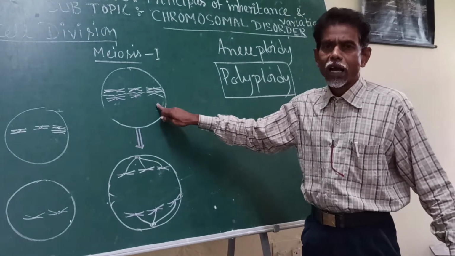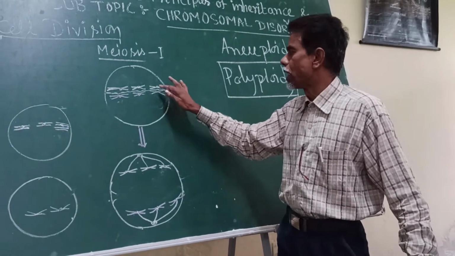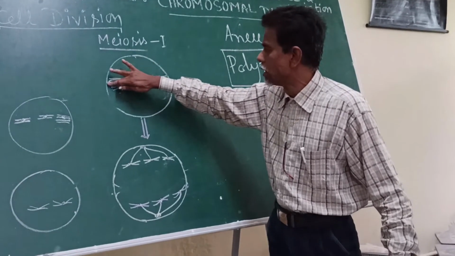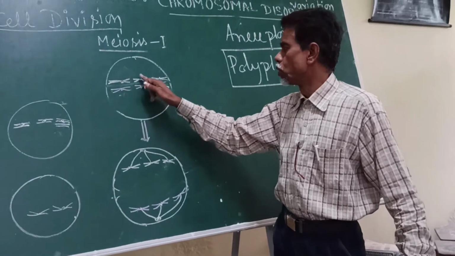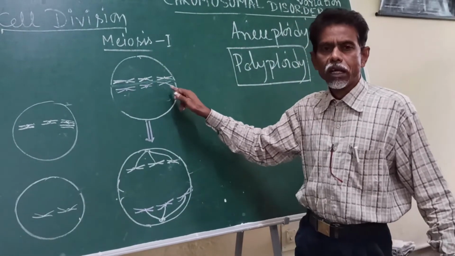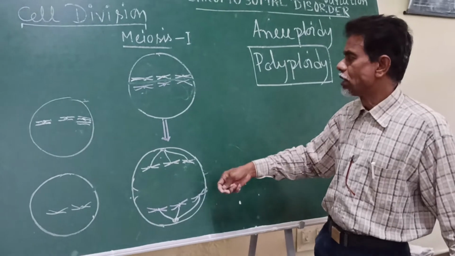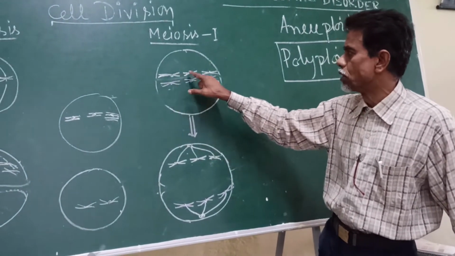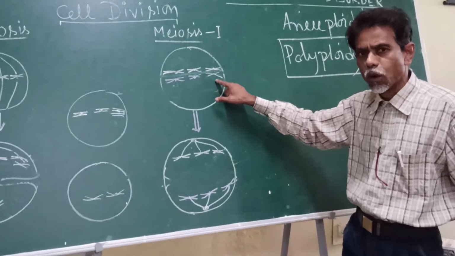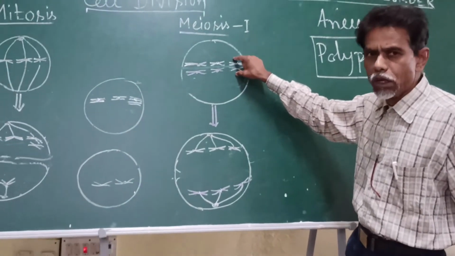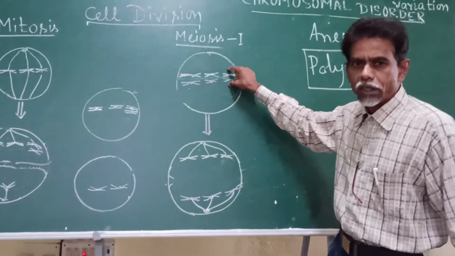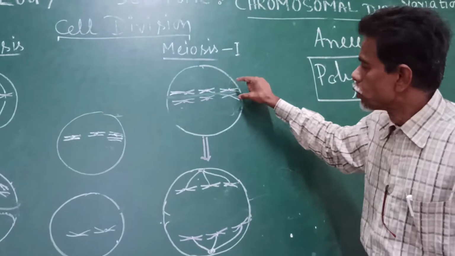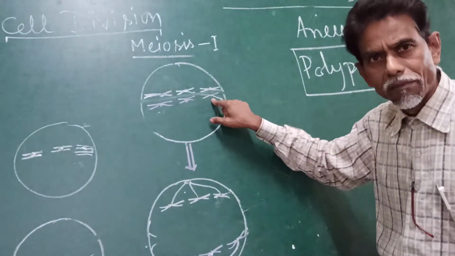During zygotene stage, suppose I have started here with 6 chromosomes, 1, 2, 3, 4, 5, 6. During zygotene stage, the homologous chromosomes, suppose these and these are homologous, these and these are homologous, these and these are homologous. They came near to each other to form a bivalent pair. So 6 chromosomes form 3 bivalent pairs.